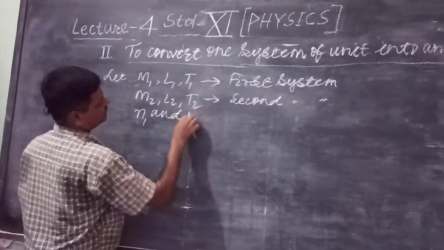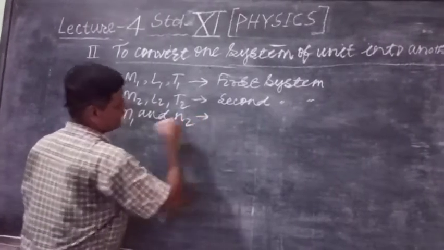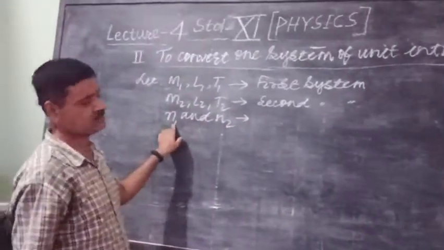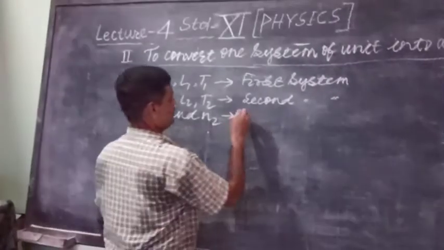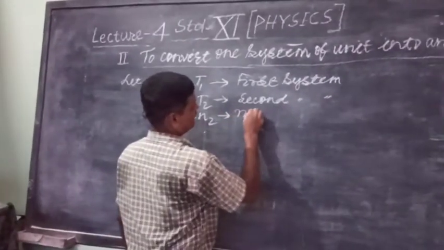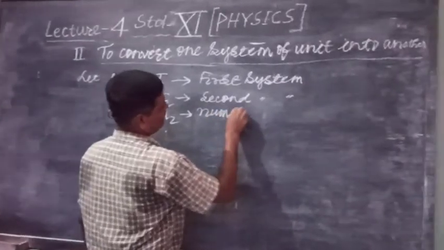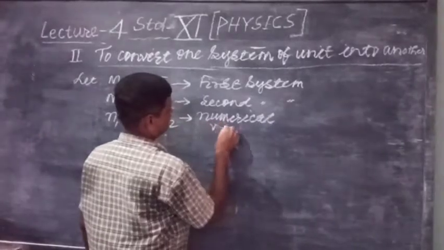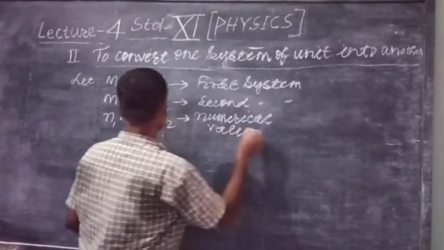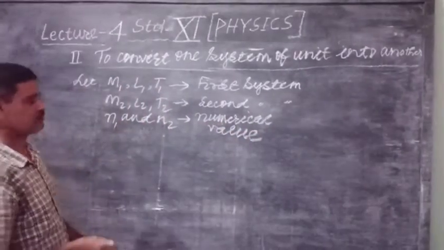N1 and N2 are the numerical values of the first and second system of unit. In short form, we can write numerical value of the first and second system.